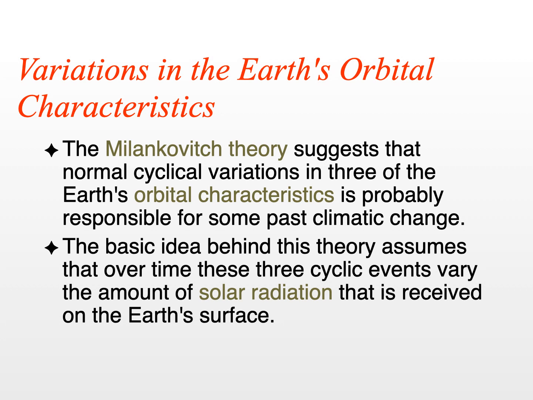In fact, responsible for the glacial advances and glacial retreats that have occurred during the Pleistocene. The basic idea behind this theory assumes that over time these 3 cyclical events work together to change the amount of solar radiation received on the Earth's surface at different latitudes, and mainly it's the middle to high latitudes.